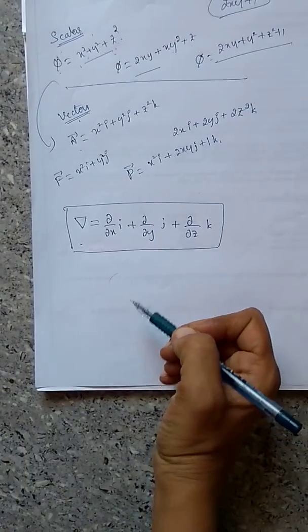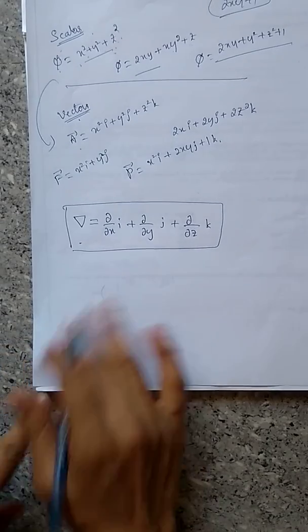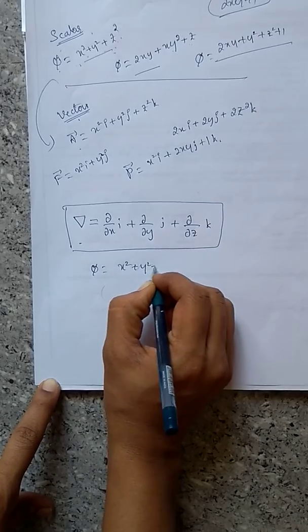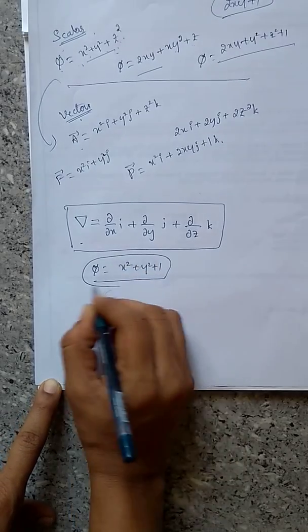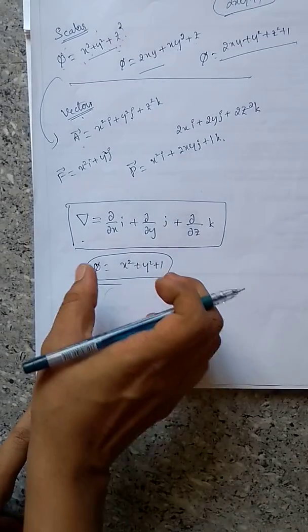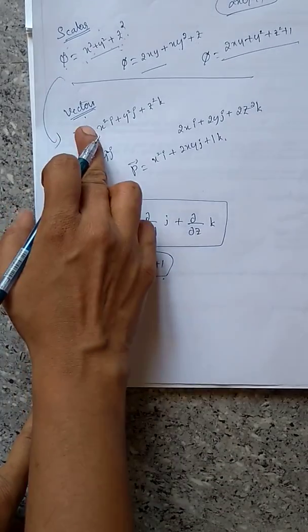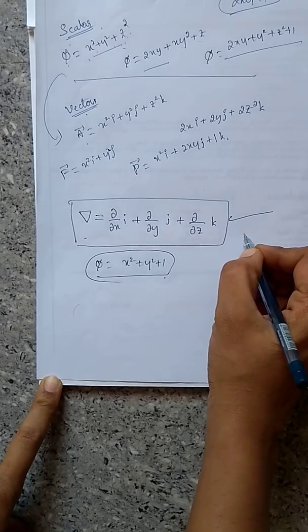The procedure is very simple. For example, consider a simple problem: pi is equal to xy plus y square plus 1. This is a scalar function with only magnitude. I am going to convert it to vector form using the vector differential operator.